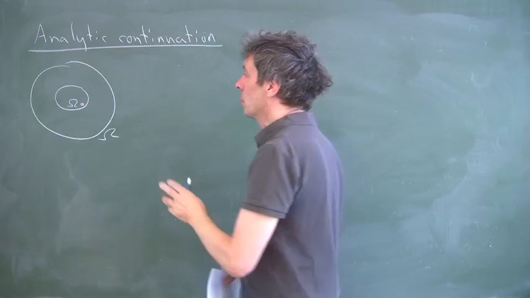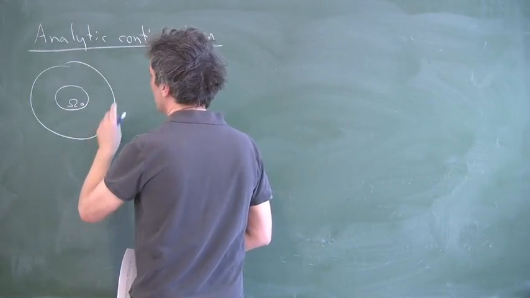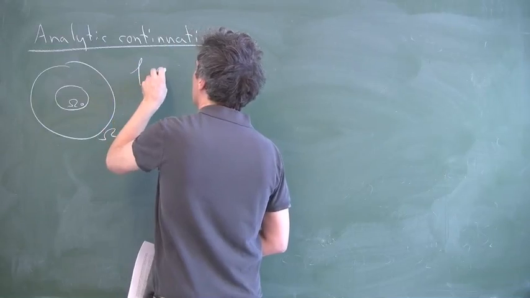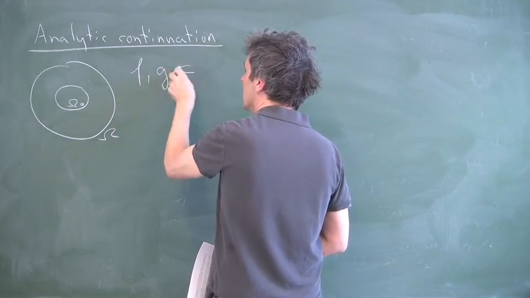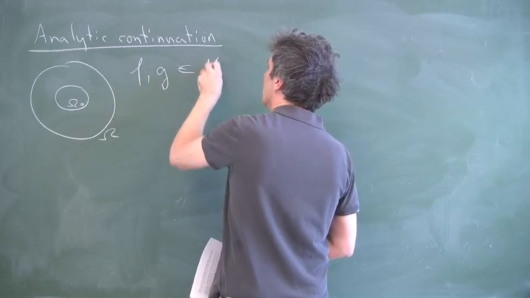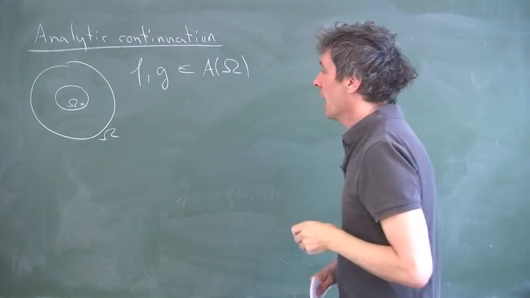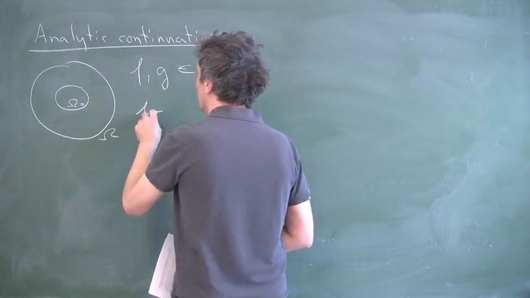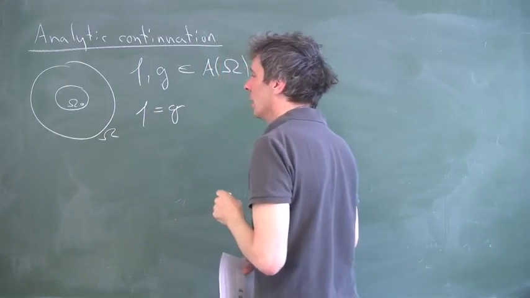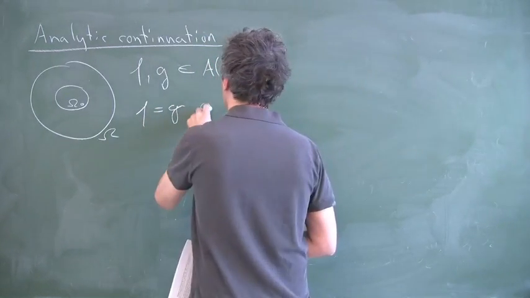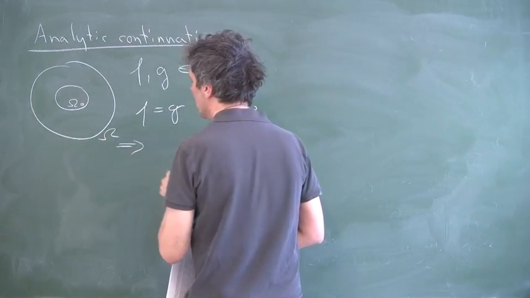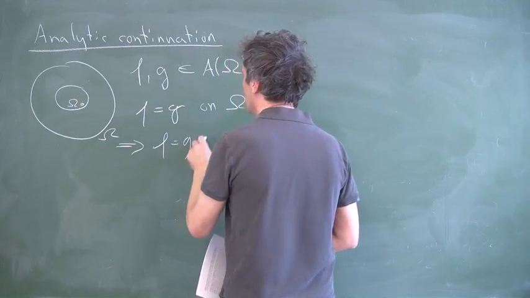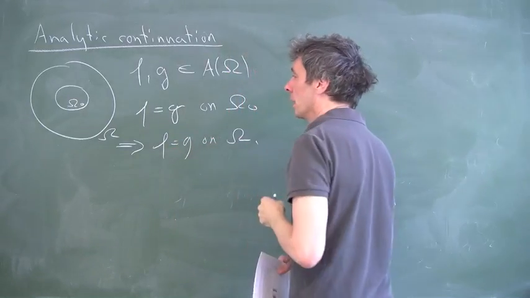And then suppose that we have two functions f and g, which are analytic in omega, and suppose that they agree on omega naught. Then the conclusion is that they will agree on omega too.